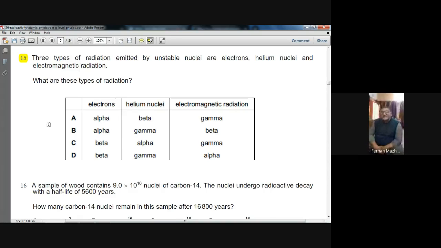So what is the choice? C. Beta are like electrons, alpha are like the nucleus of helium, and gamma rays are like electromagnetic radiation. So the right choice is C.